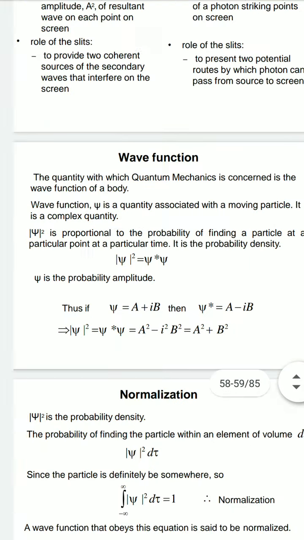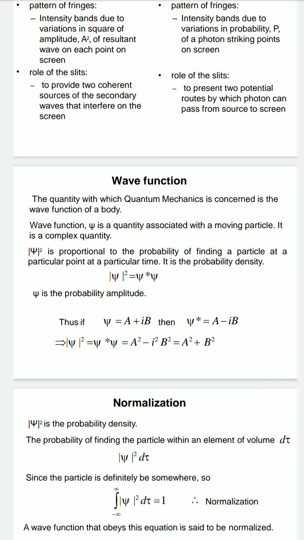Now we have already said that the bright fringe and dark fringe we explain with the probability of a photon striking the screen, and we say that the quantity with which quantum mechanics is concerned is the wave function of a body. So what is a wave function?